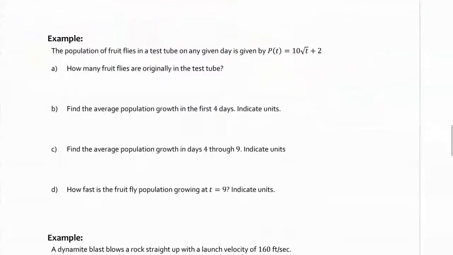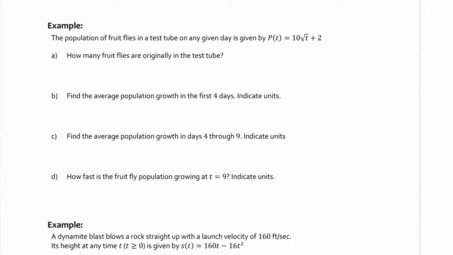Okay, let's talk about fruit flies. We have a test tube, and a function of the population of fruit flies. So how many originally? That's p of 0. If I plug in 0, I get 2 fruit flies originally. The average population growth in the first 4 days is the population at time 4 minus the population at time 0, over 4 minus 0.